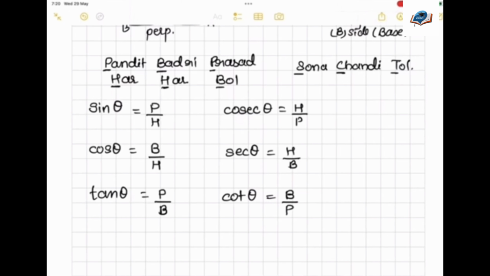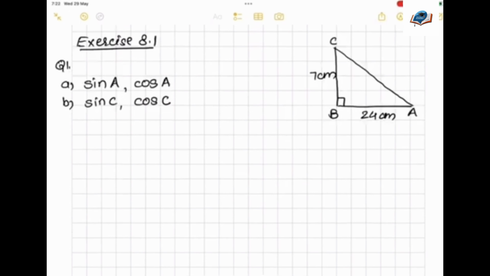Now let us discuss the first exercise. Question 1 says find sin A, cos A, sin C, cos C. Two sides are given, AB and BC. So first, to find the third side or the hypotenuse, we have to use the Pythagoras theorem.